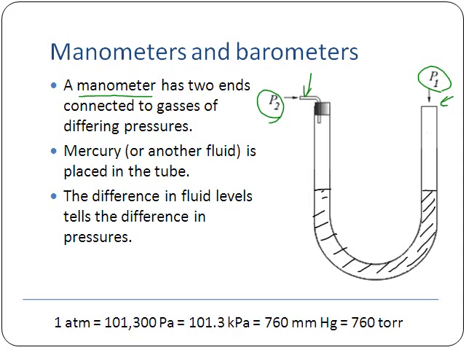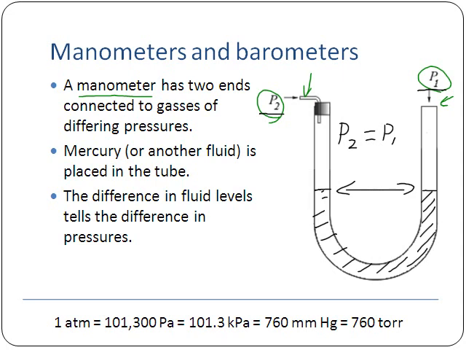Now, for this fluid, if the pressure P2 and the pressure P1 are the same, they will both push on the fluid equally, and so the fluid levels will be equal. Like I've drawn right here, the level of fluid is exactly the same on both sides. So P2 is going to be equal to P1. But what if that's not true?